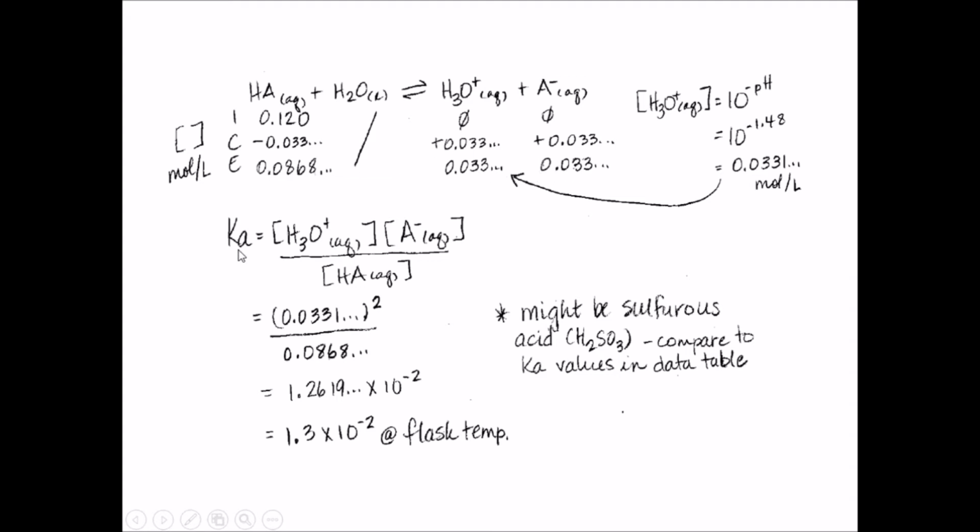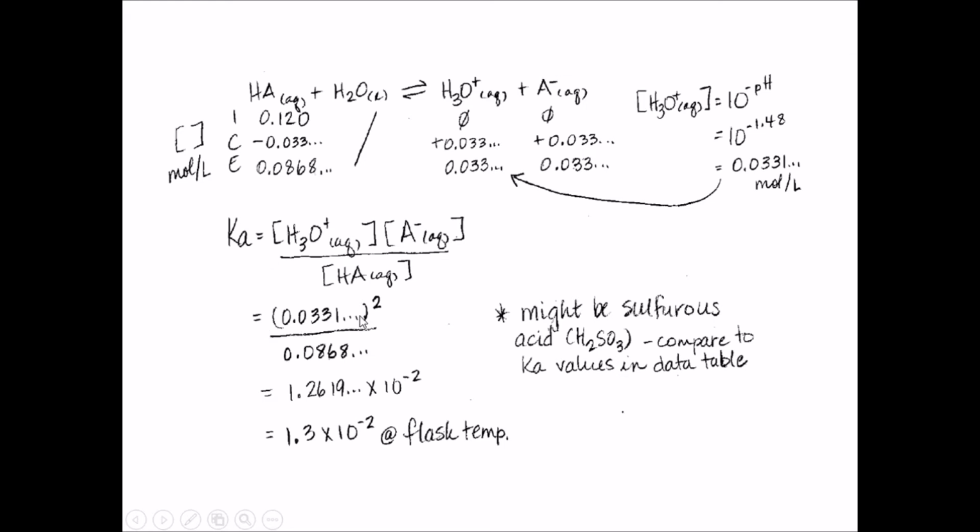Below we can see our Ka expression, which is equal to the concentration of the products divided by the concentration of the reactants. Remember, H2O is not included because it's the only liquid in the chemical equation, therefore we do not count it.